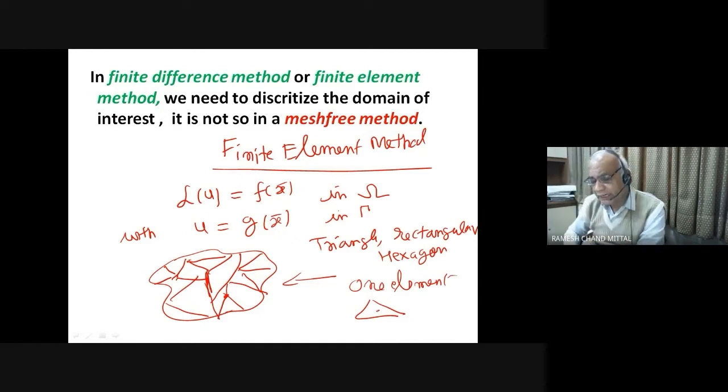So typically you take an element and try to find the solution in this element. For this, you take the weak formulation. Why do you take weak formulation?